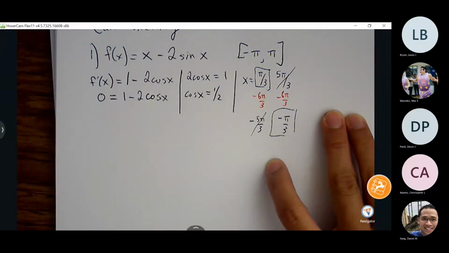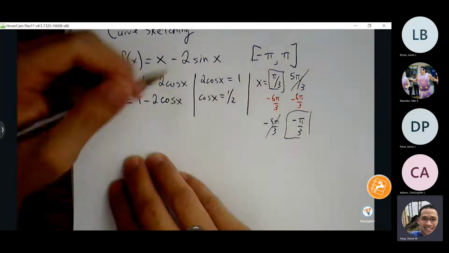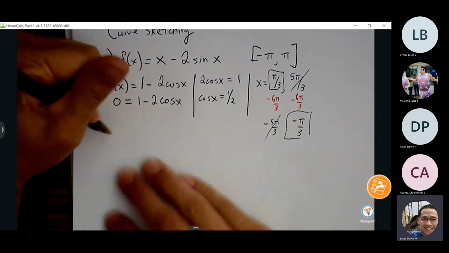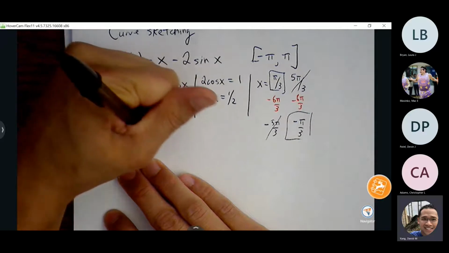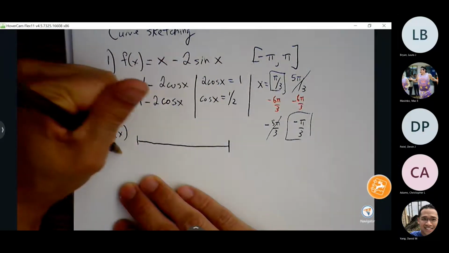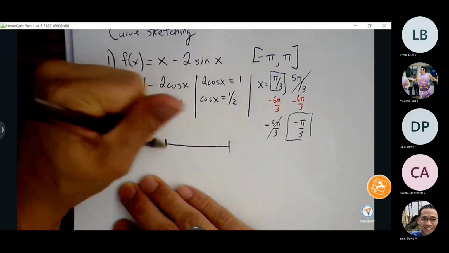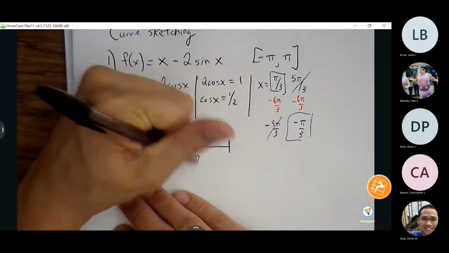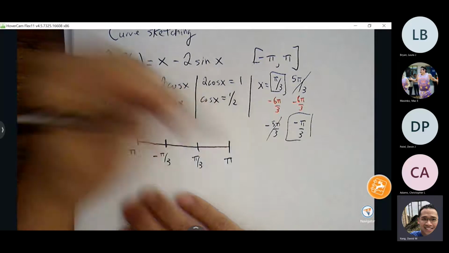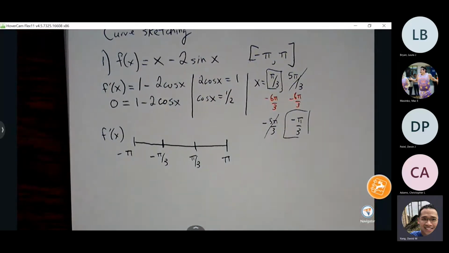Okay, so here's my f prime sign line. We choose values in each subinterval.